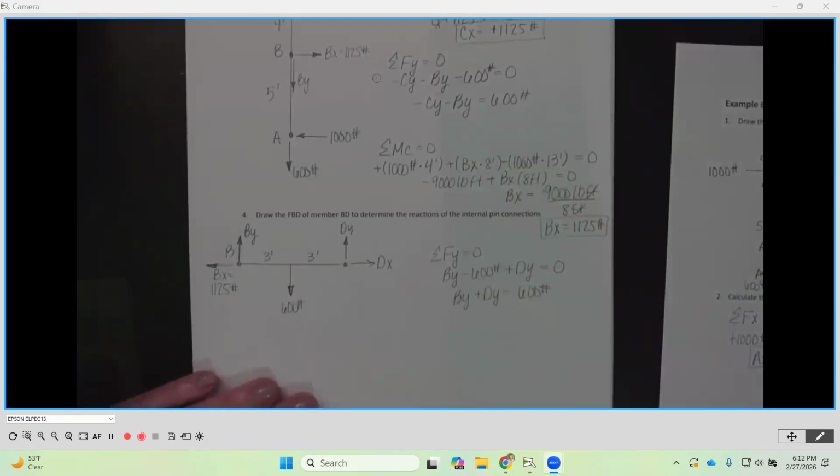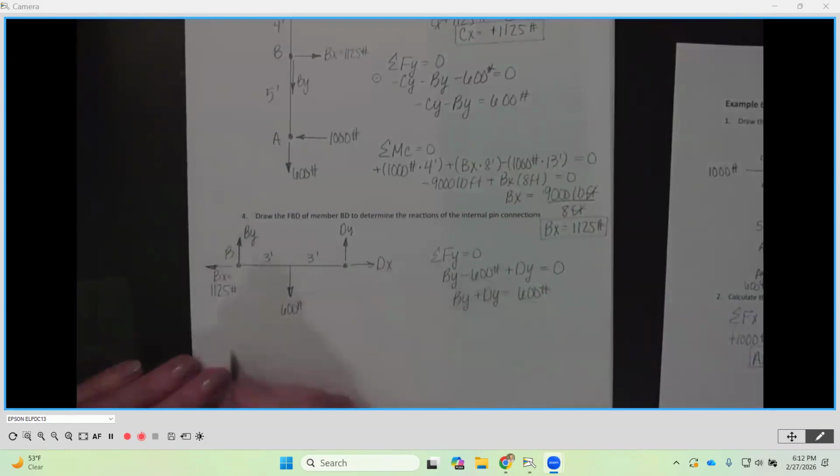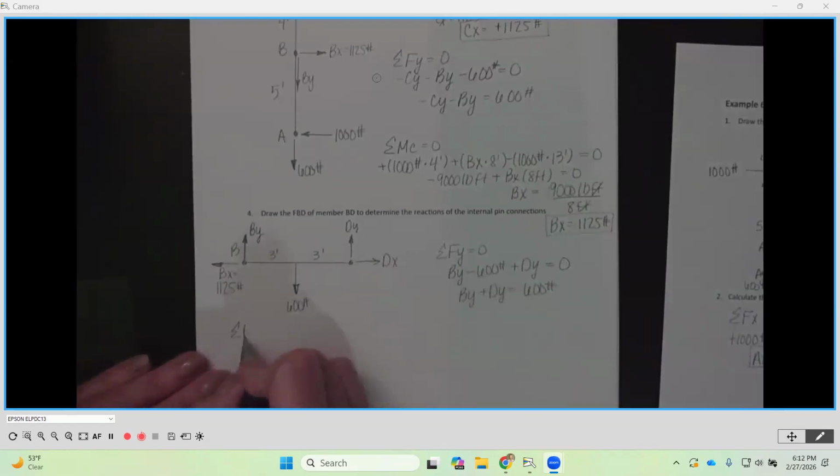We have two other equations of equilibrium. What's the next one we want to try? Sure, let's do x, as Lacey said. I'm going to scooch down here. Sum my forces in the x direction equal to 0. I've got a negative 1125 at BX, and I've got a positive DX, equal to 0. One unknown.